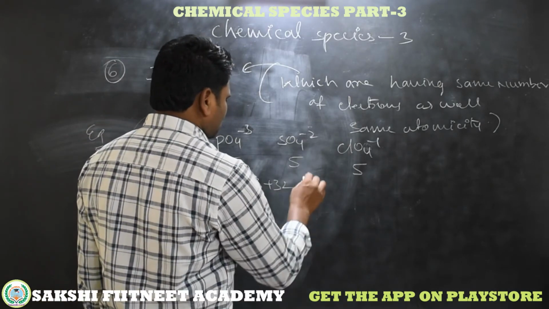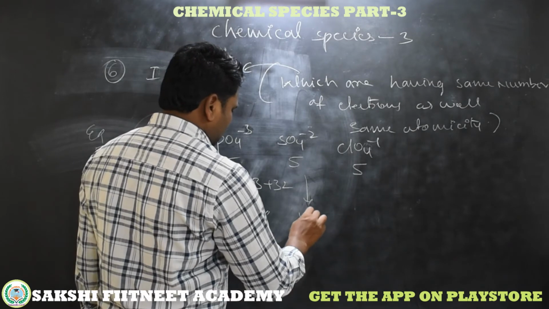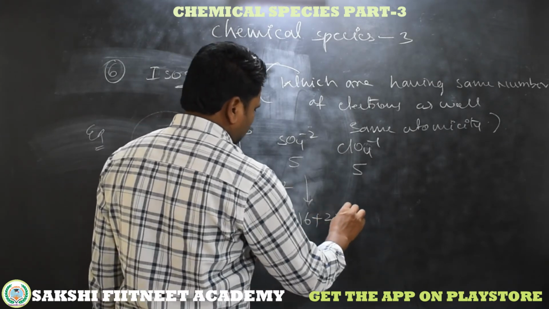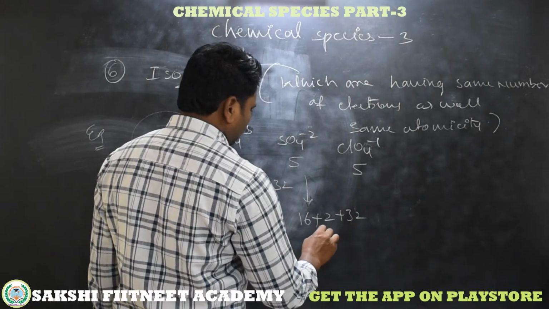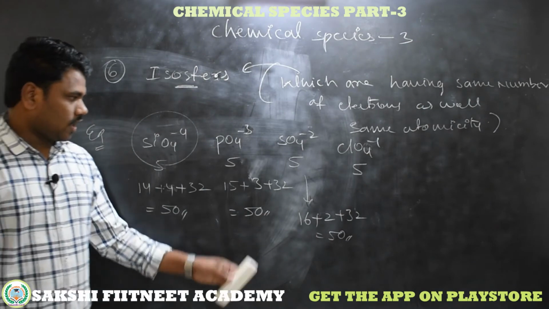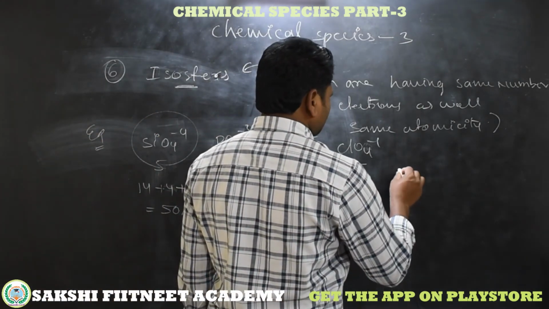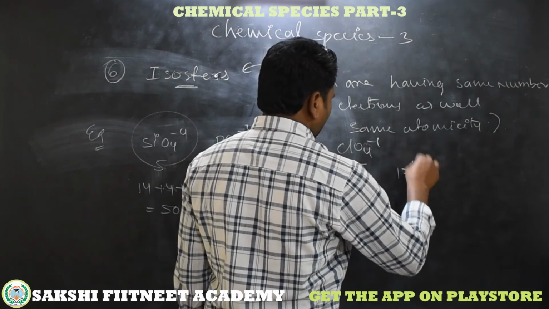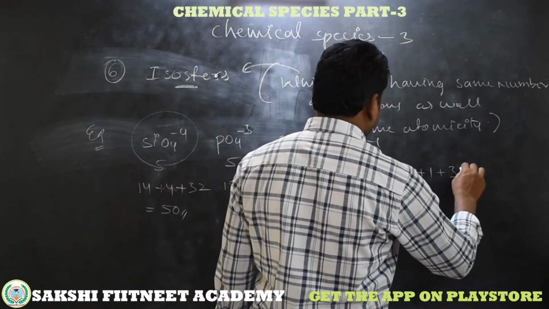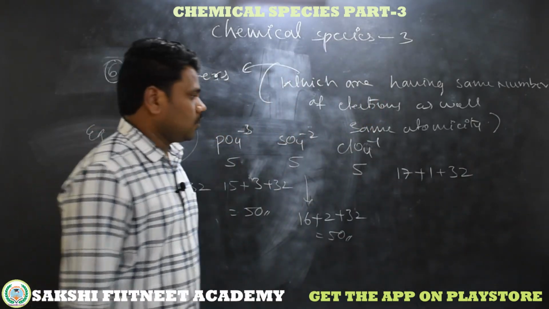Coming to sulfur, in SO4 sulfate, 16 plus the total overall charge of 2, and 4 oxygens, that is 32. So obviously it becomes 50 total electrons. Now coming to ClO4 chlorate, it's 17 electrons plus the total overall charge of 1, and the oxygens are 4, each oxygen has 8 electrons, total 32 electrons.